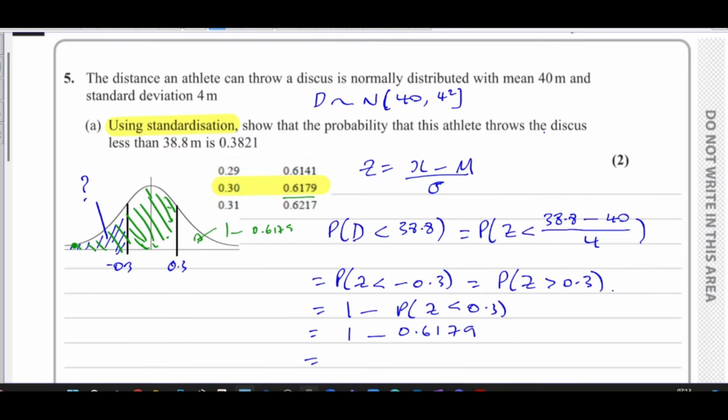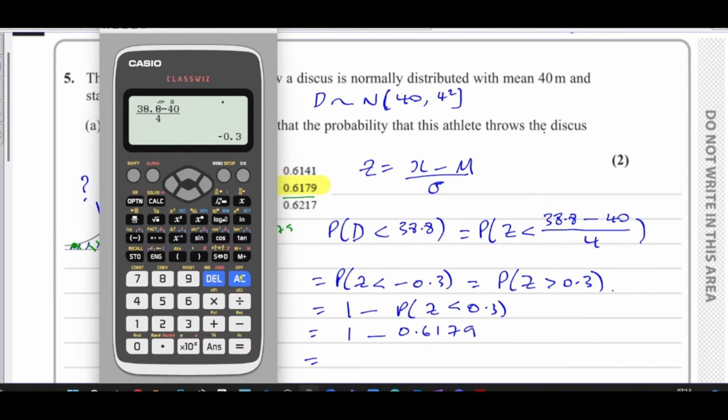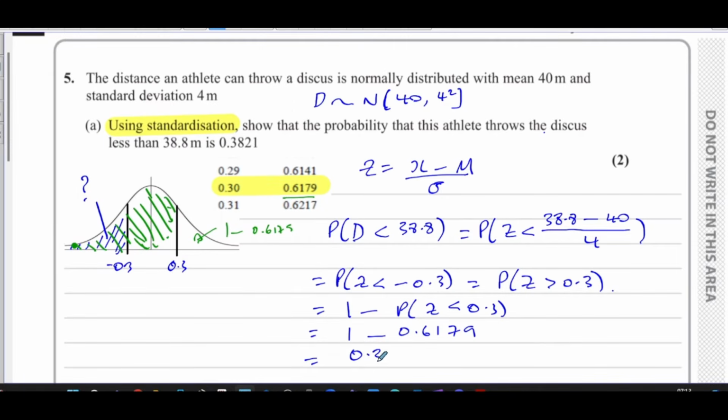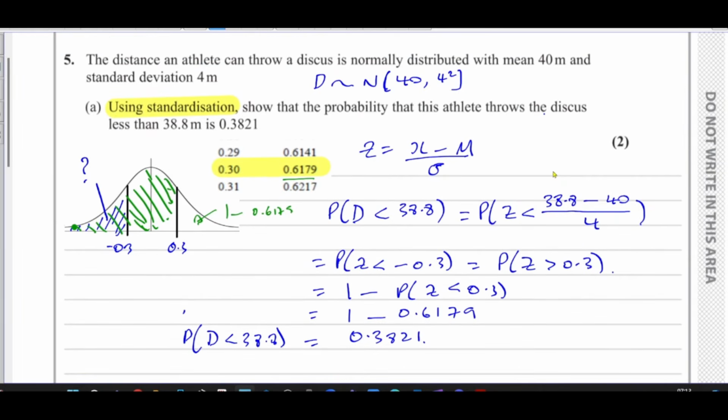So we're going to have 1 minus 0.6179, which gives us 0.3821. So that's the probability that D is less than 38.8. That's the answer to part A.